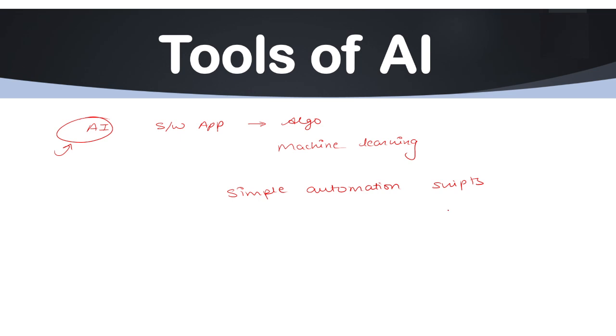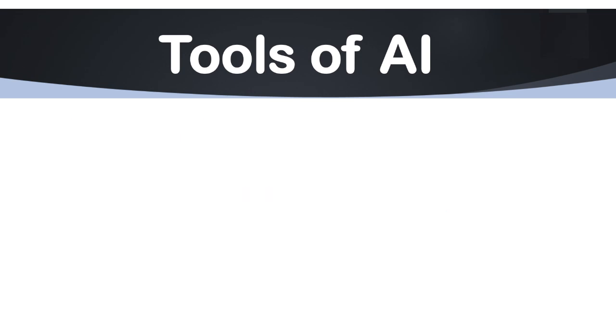So here are the applications of artificial intelligence tools, which include natural language processing, that is NLP. NLP is one of the most important applications of AI tools.